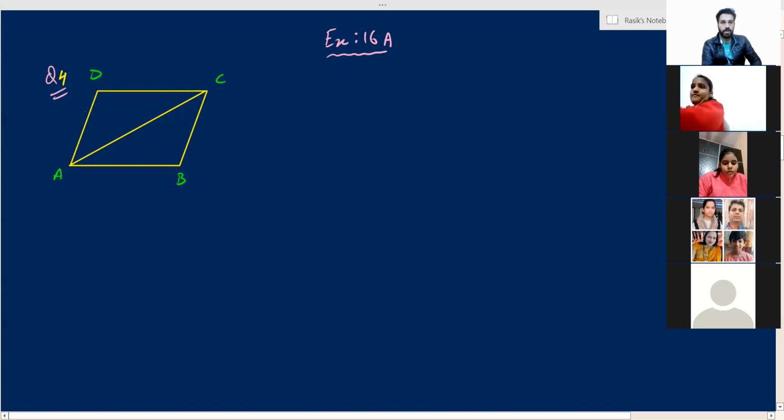It is given that the side AD is parallel to the side BC. AD is parallel to BC. So what do these arrows represent? They represent that the two sides are parallel to each other. And then there is a single cut, so that means it is also given that AD is equal to BC. So two things are given in the question: AD parallel to BC and AD equal to BC. The length of the side AD is equal to the length of the side BC.